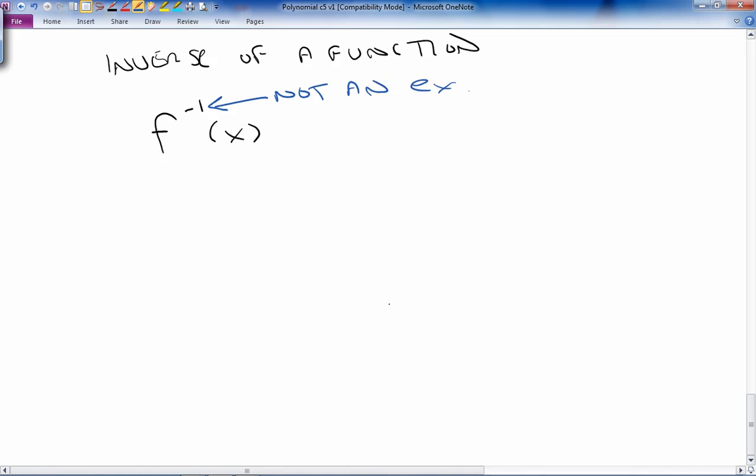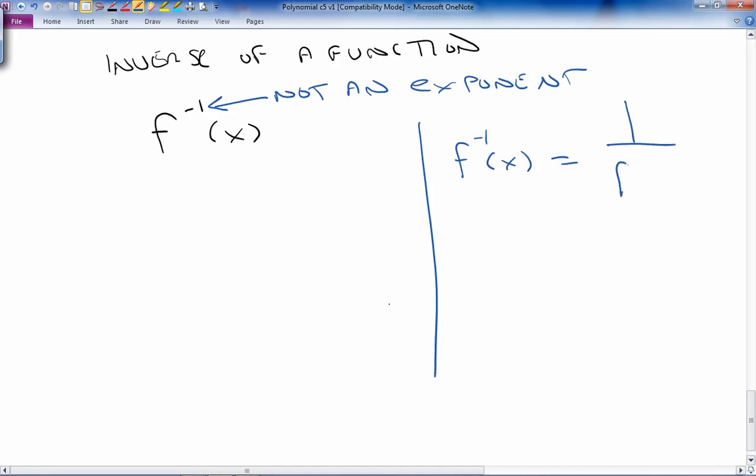You will lose big marks if I ever see anything like that. Not true. That is just telling me I have an inverse.